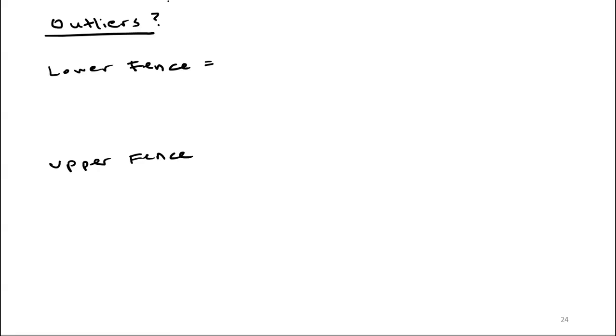The lower fence is going to be Q1 minus 1.5 times the IQR. And then the upper fence is going to be Q3. So again, see the difference? I have Q1 for the first one and Q3 for the second one. A lot of students use Q1 for both and they mess up on that. And this is going to be added instead of subtracted.